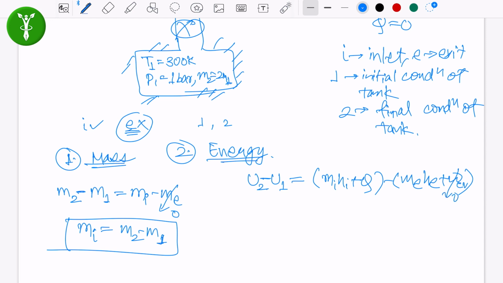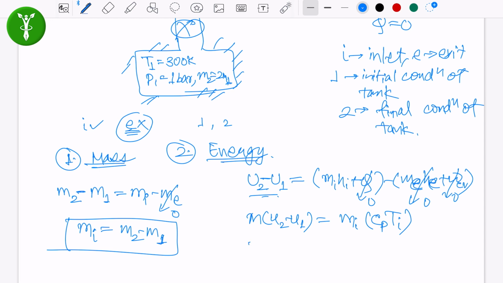Q is 0, insulated. Work done is 0 because rigid. No exit because only inlet is there. So for ideal gas we can write small u1 mi, and for the inlet we can write CPTI.